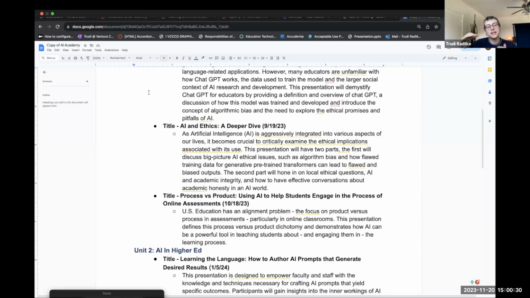And then in the second half of the conversation, we get into the campus-level, boots-on-the-ground perspective: we need to have in the back of our head these larger ethical considerations about AI, but as educators, what needs to be our specific ethical approach? So the second part hones in on local ethical questions, AI and academic integrity, and how to have effective conversations about academic honesty in an AI world.